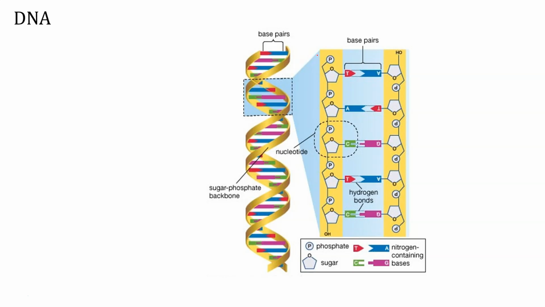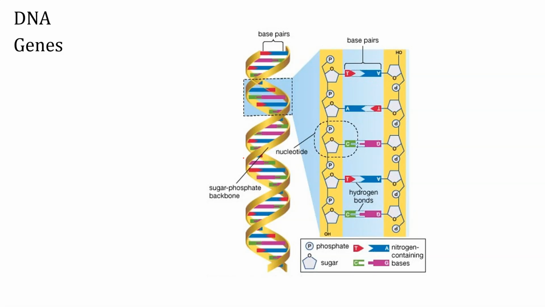Like on the left hand side, we can see that the oxygen atom in this sugar molecule is facing this way, but the oxygen atom in the sugar molecule is facing on the bottom on the other side. This is known as anti-parallel when the strands run in these different directions. And that feature of it being anti-parallel is going to pose some interesting dilemmas regarding how this whole molecule is replicated, but we'll talk about that in a minute.